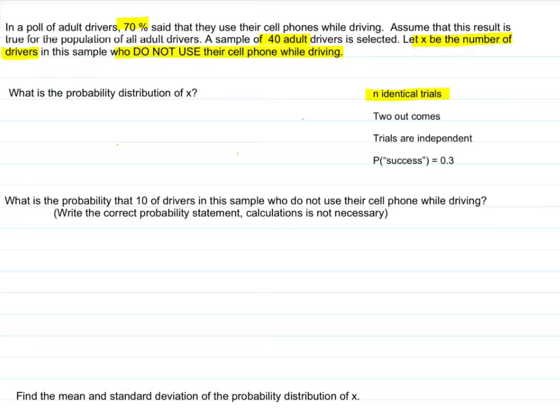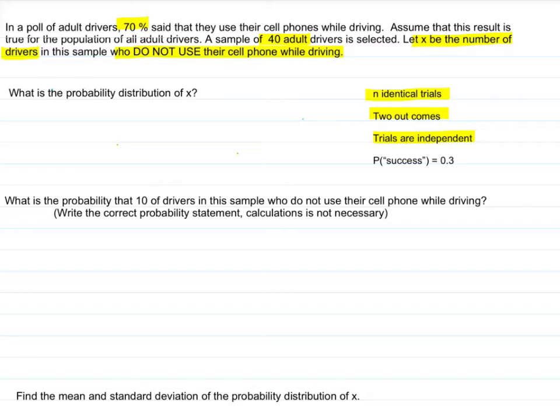Only two outcomes. Then we use adults as trials, so the trials are independent. Now go to the X. X is the number of drivers who do not use their cell phone.